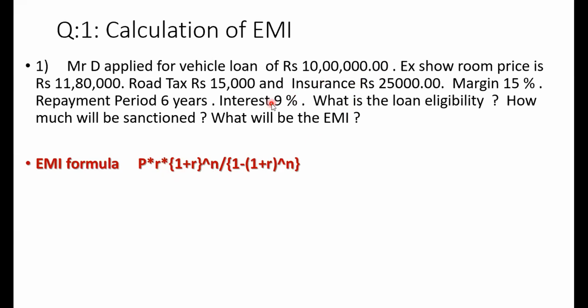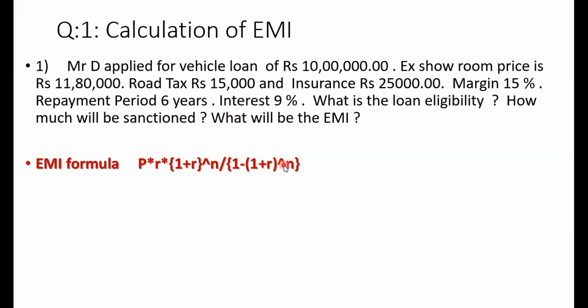So the rate of interest 9 you have to divide by 12, that will be R, and again convert to decimal. 1 plus R, R again the same will be added, to the power n. Here n will not be 6 years; it will be 6 into 12, 72 months, the tenure. Divided by 1 minus 1 plus R. Only one calculation, if you do, I think you will be thorough.